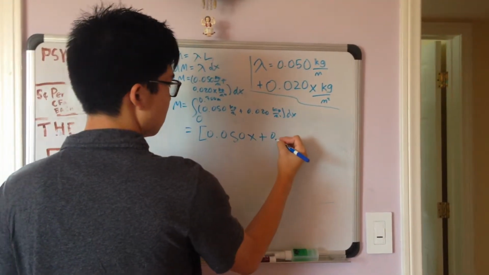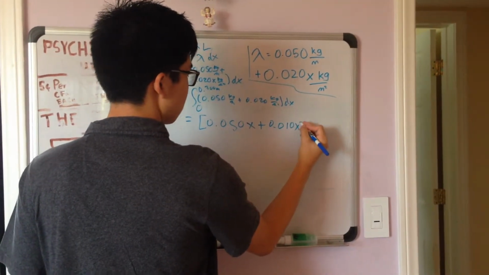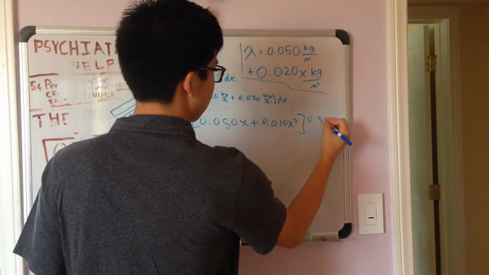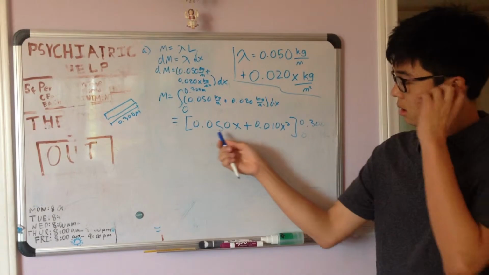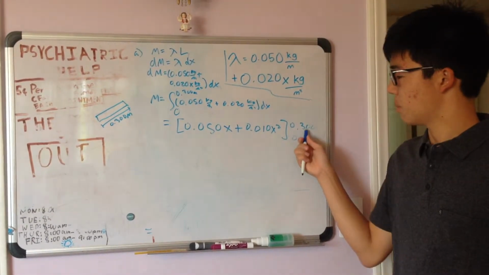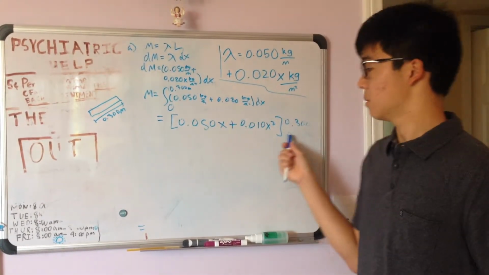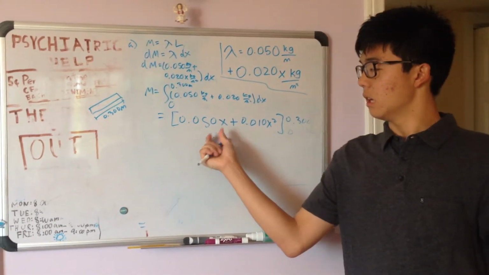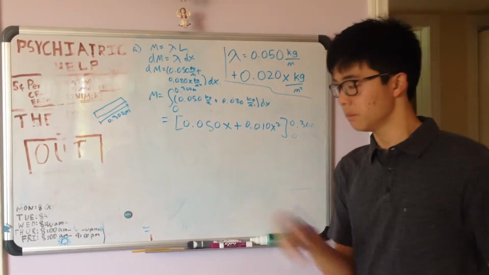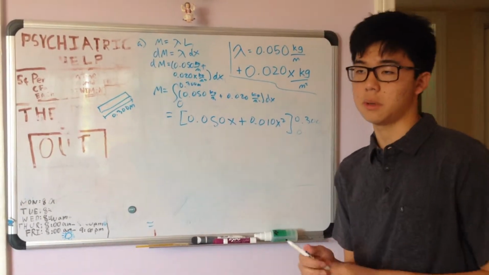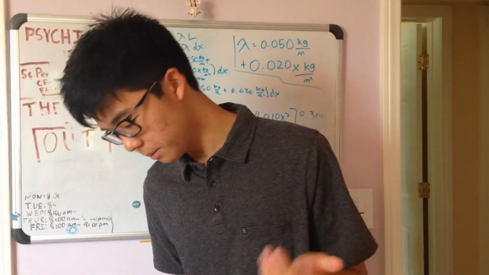We're integrating from 0 to 0.3. So to find our answer, we're going to have to plug in 0.3 into this expression and subtract whatever we get from plugging in 0. I'll go ahead and skip the algebra step for you to make this process quicker.